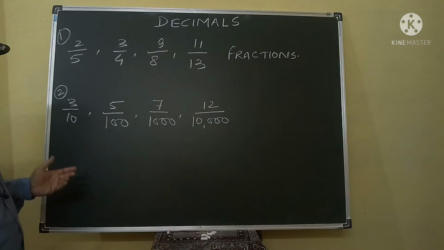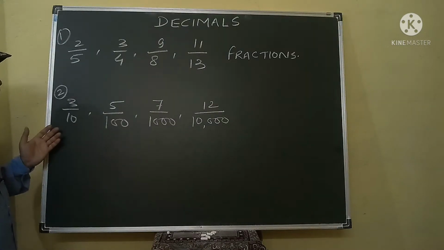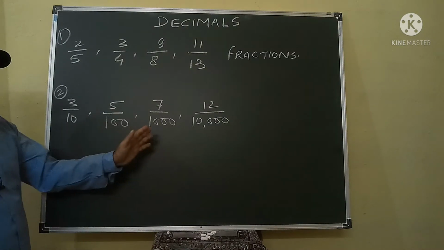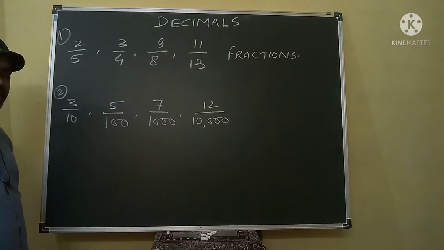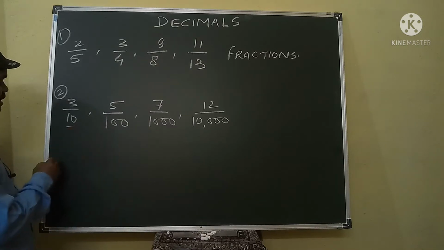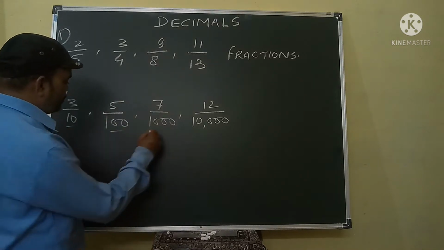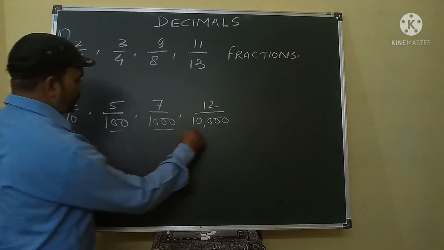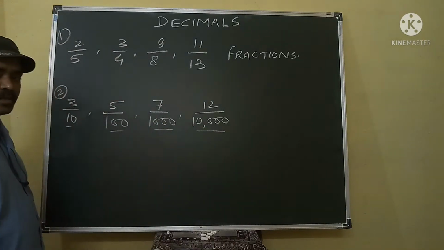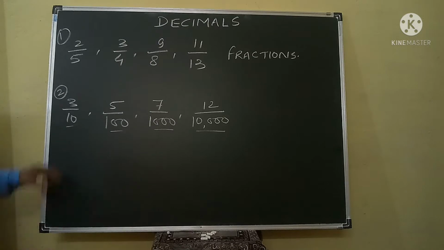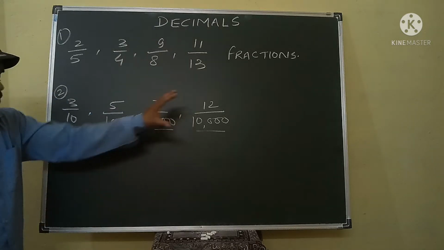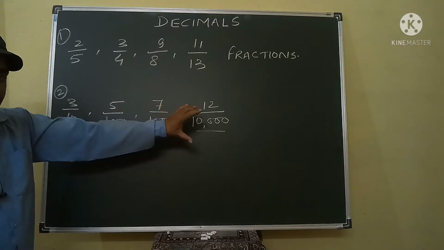But in the second example, denominators are 10, 100, 1000, 10,000. That means this is also a fraction. This is also a fraction.